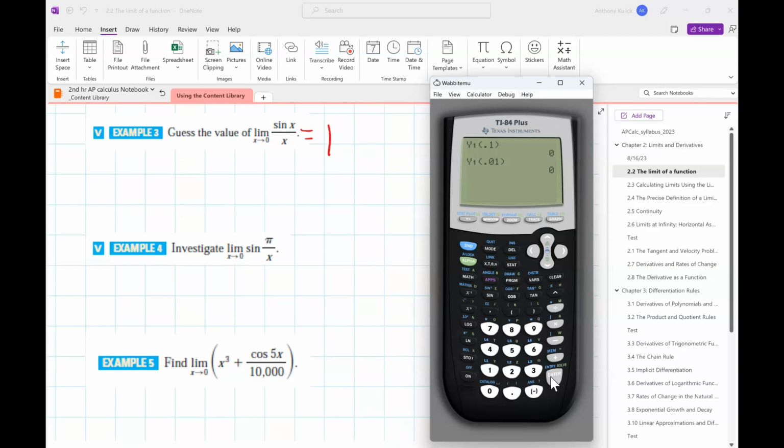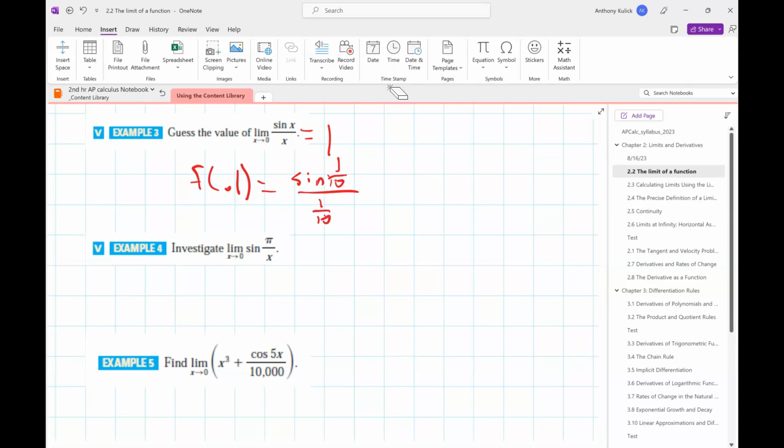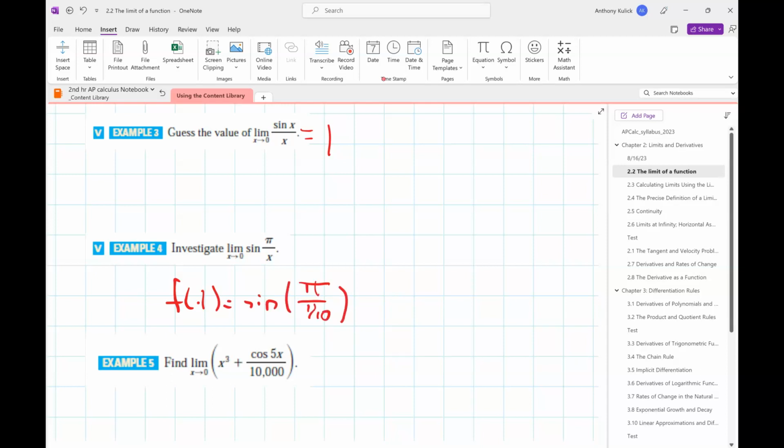So when I'm putting in 0.1, I'm really doing sine of pi over 1/10, which is equal to sine of 10 pi, which should be 0.